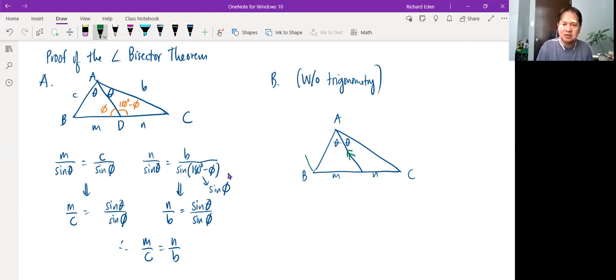I'm going to draw arrowheads here to denote parallelism, but only so far as it meets the extension of CA. Let's call that E, and for consistency, let's still call this D.